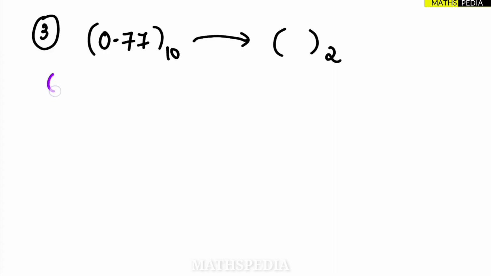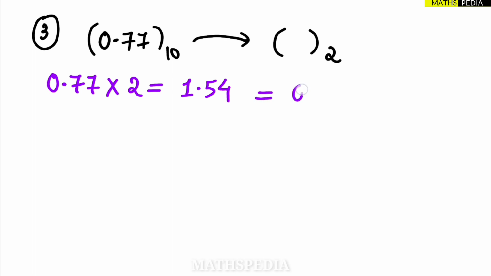So the first step is 0.77. I multiply with 2 and get 1.54. You have to write it as 0.54 and write carry as 1.